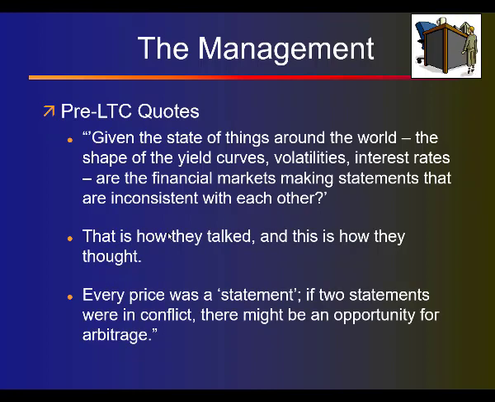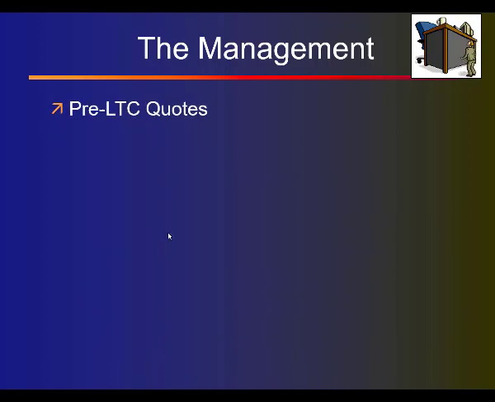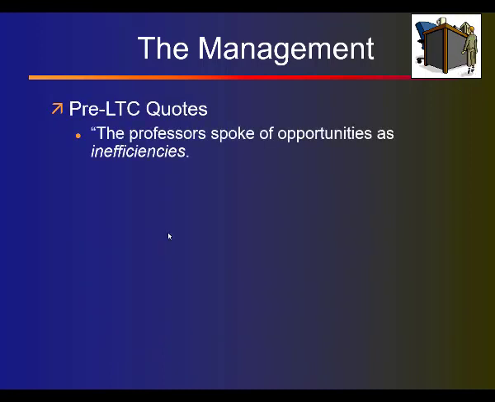So essentially what they're looking for is every price tells you something. It's a statement. And when that statement is inconsistent between 2 securities, there's an arbitrage opportunity. Now you say arbitrage in quotes because it wasn't truly a risk-free trade. It was more what hedge fund managers call statistical arbitrage. Over time it should work out, but it wasn't a sure thing.